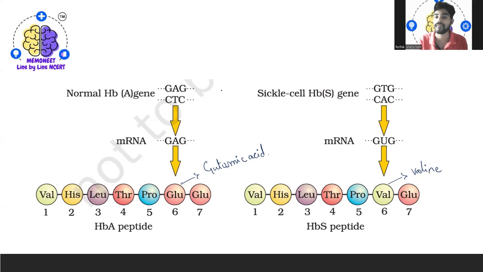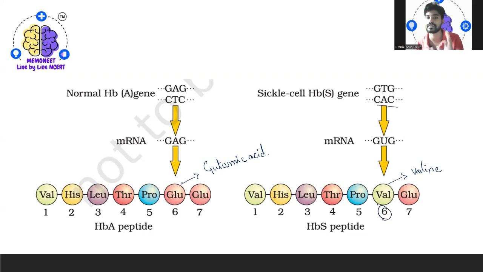So by valine. As a result, what happens? This substitution of the amino acid in the globin protein results from a single base substitution at the sixth codon. So can I call it a codon here? So this is a codon.